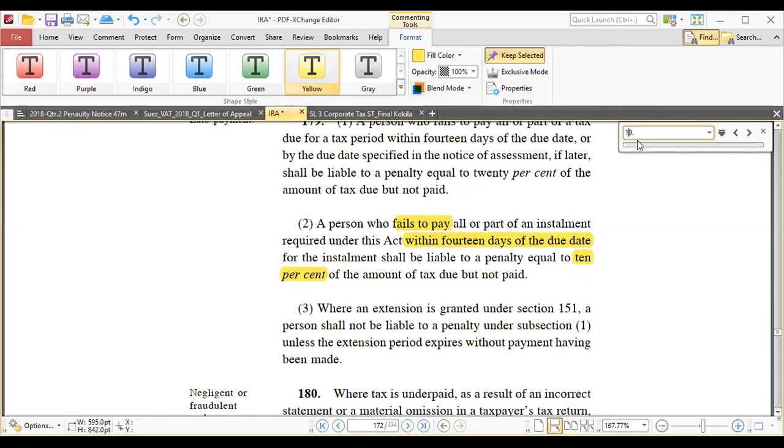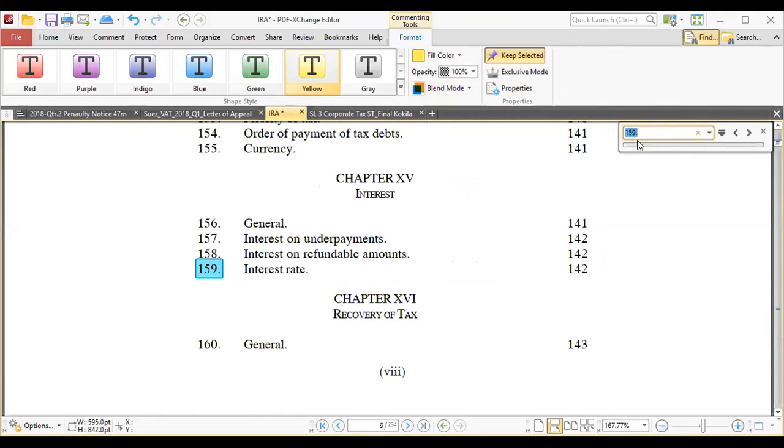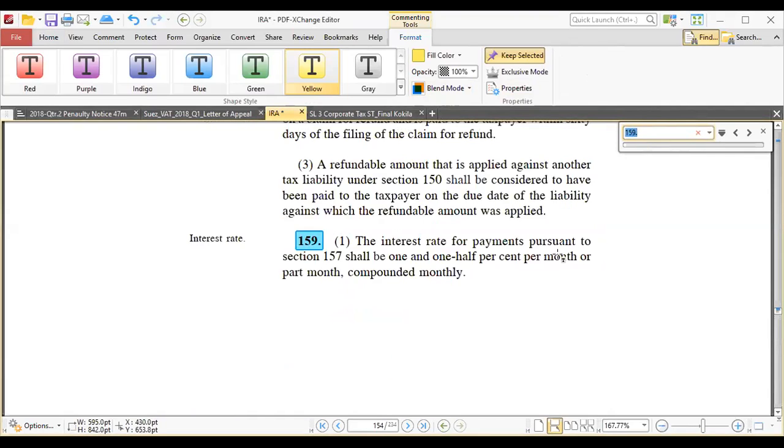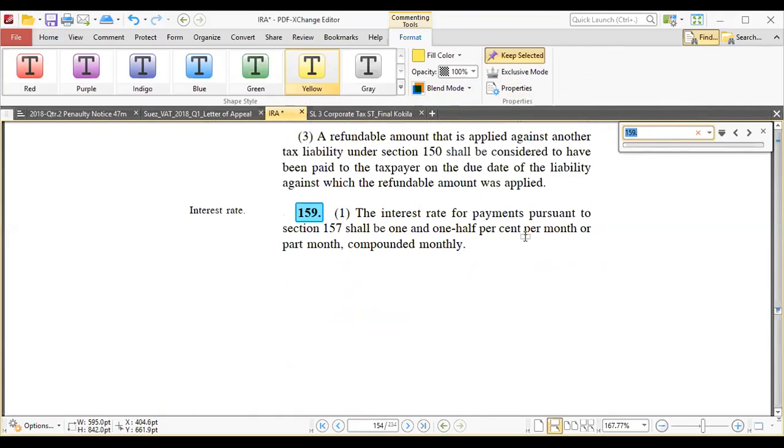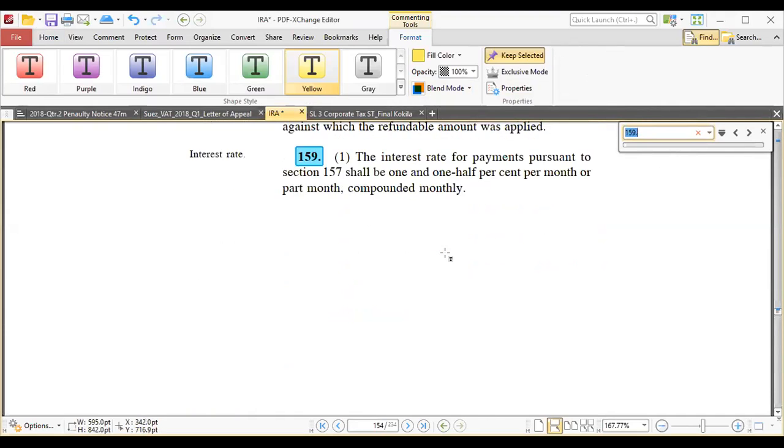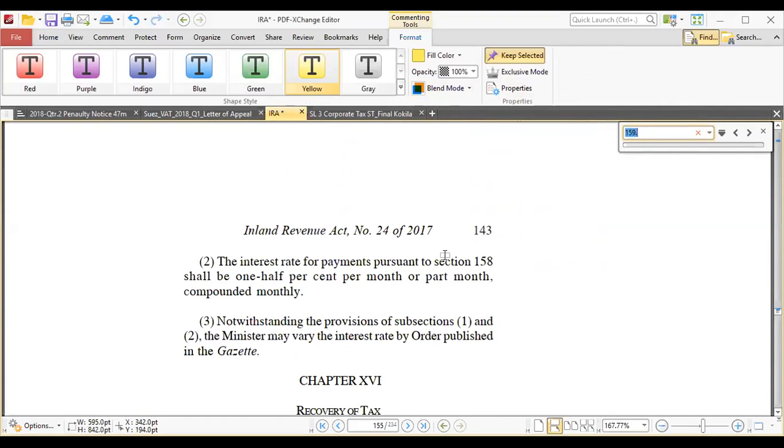Interest is 159. Let's go to 159 as well. Interest in the case of 1.5% per month or part of the month, compounding monthly, right?